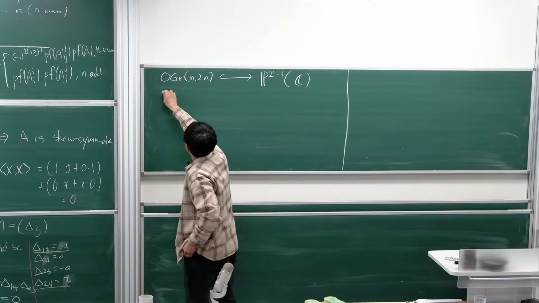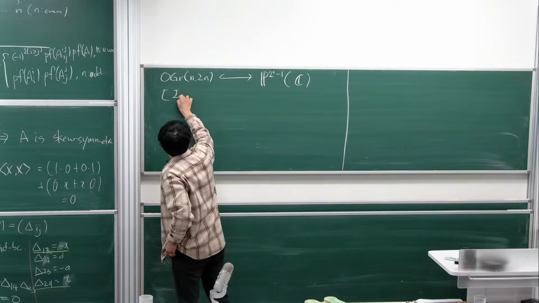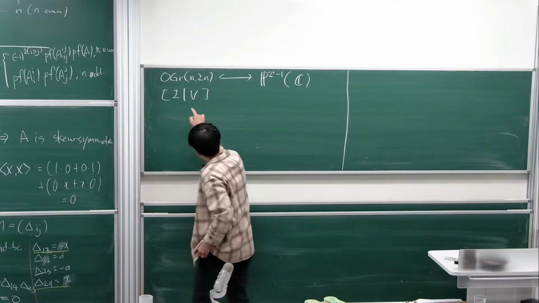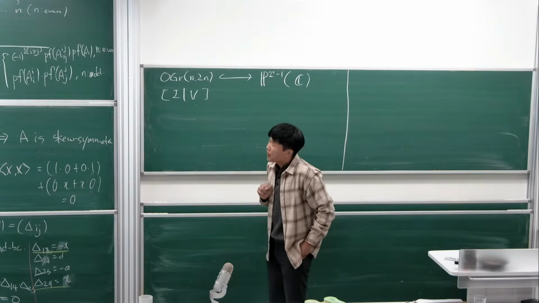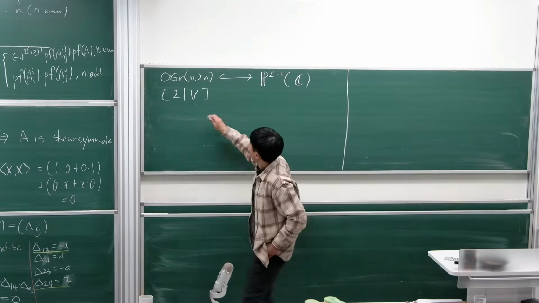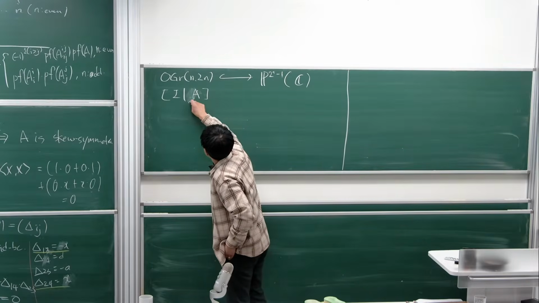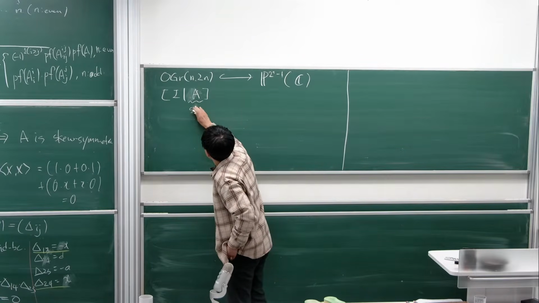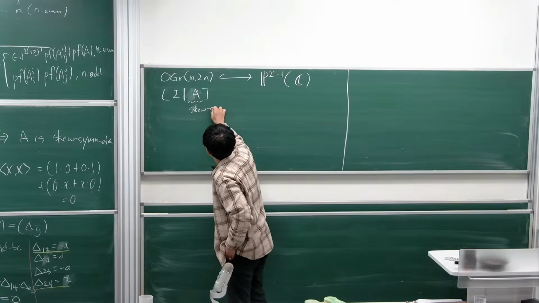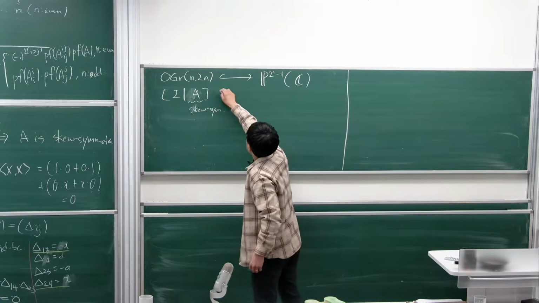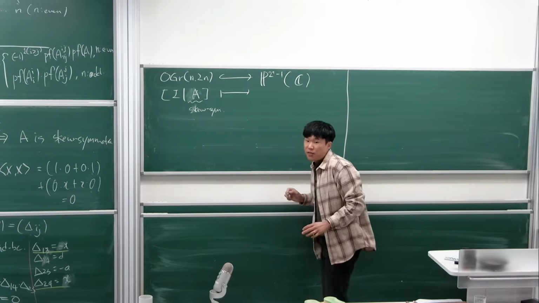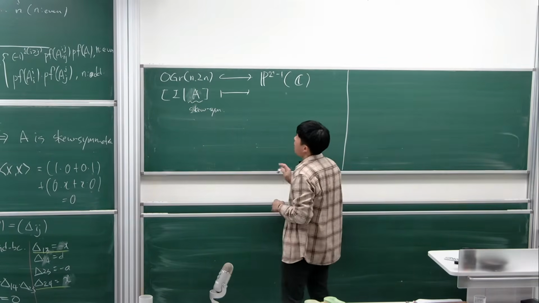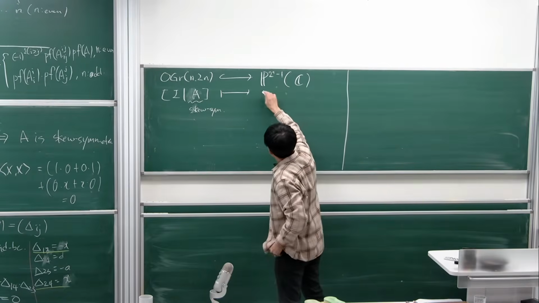So rather than the vector space, I will consider the n by 2n matrix, and then what you know is that this part is skew-symmetric. Taking all possible Pfaffians of the principal minors, we can embed our space in the projective space.